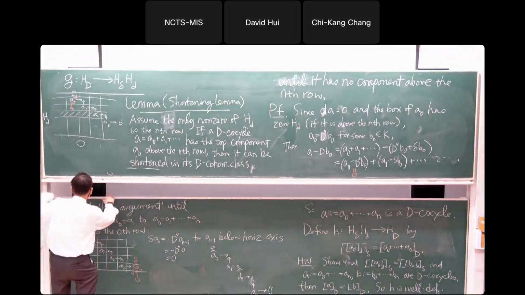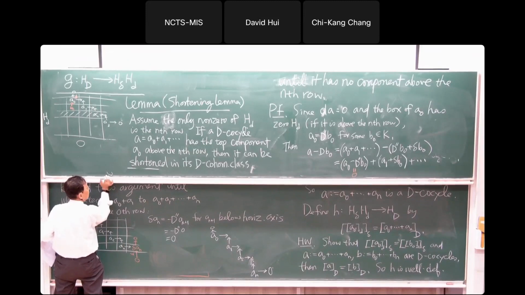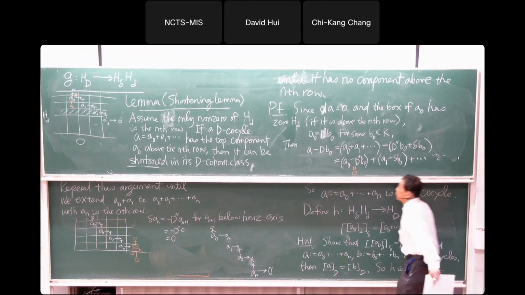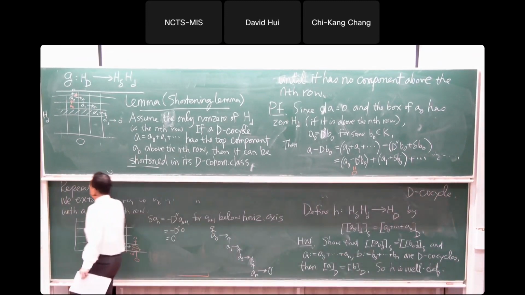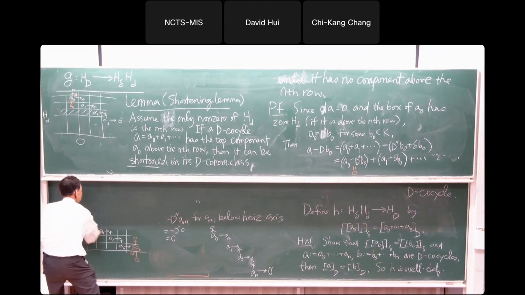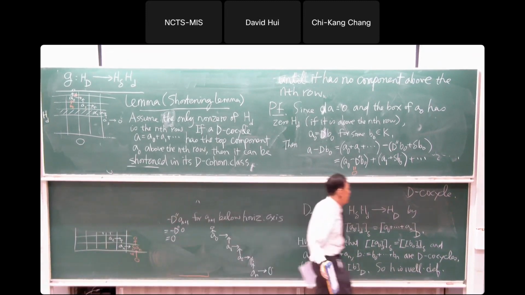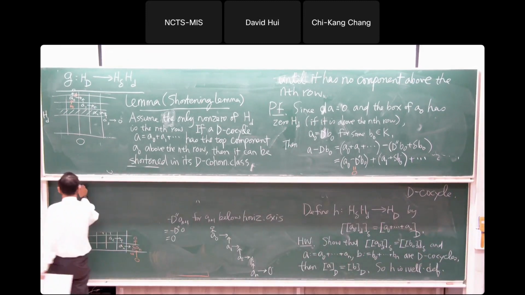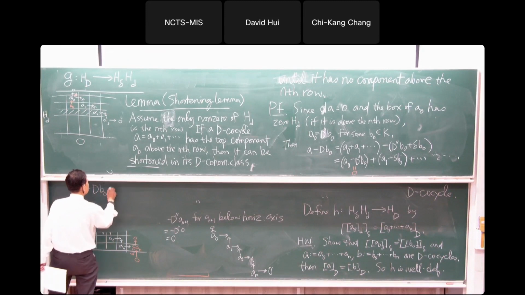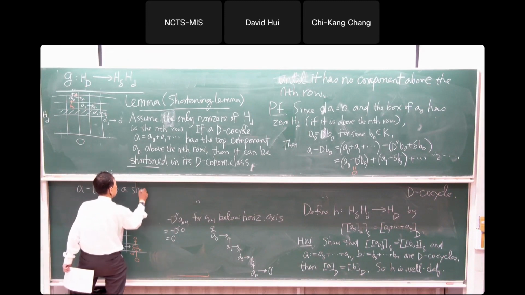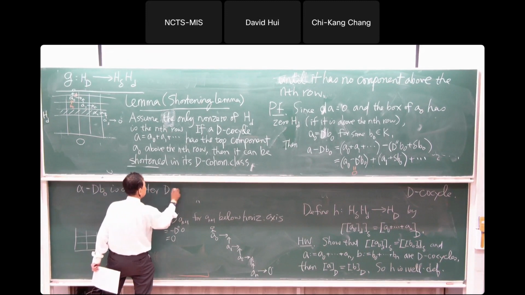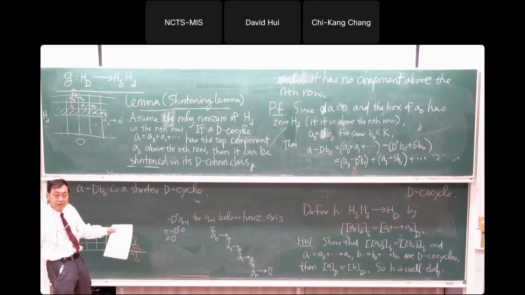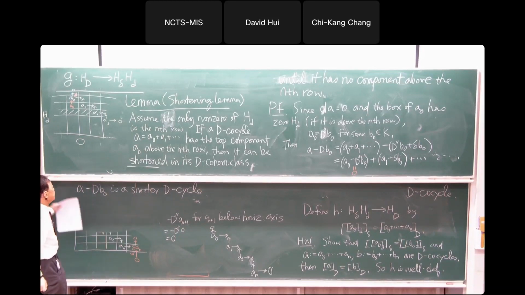Okay, so A minus dB0 is a shorter cocycle. You can repeat the process until the top component is in the nth row.